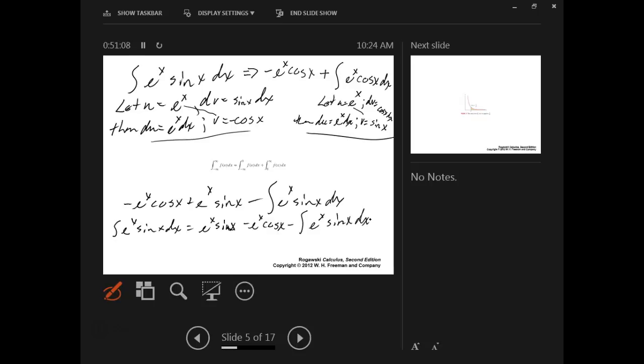But what we can do is add this integral to both sides. e to the x sine x dx. Add it over here.